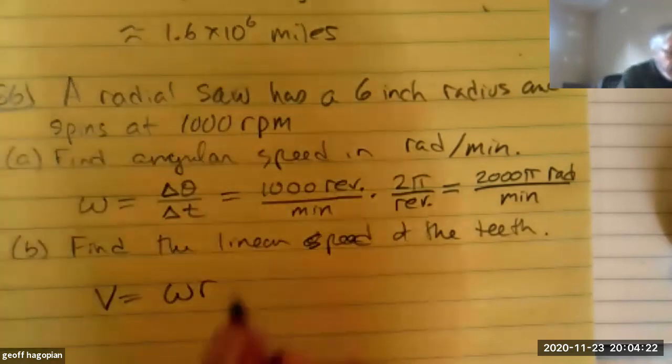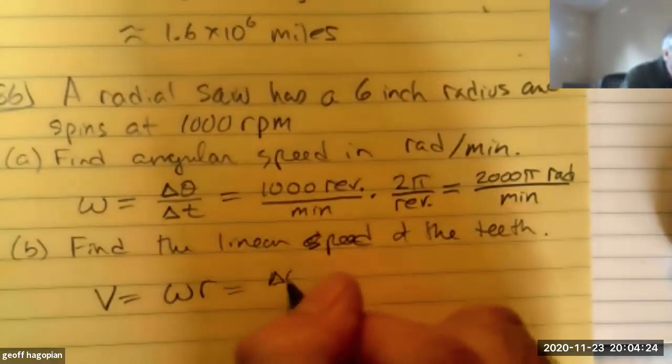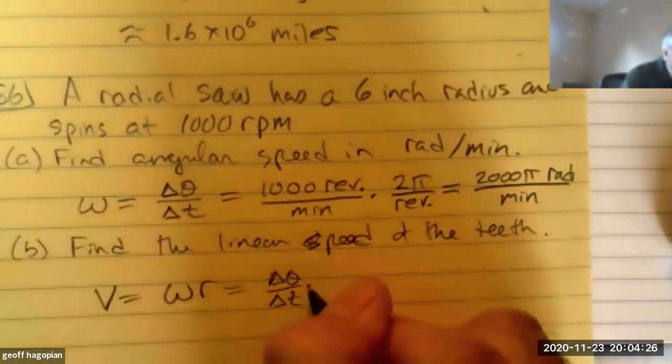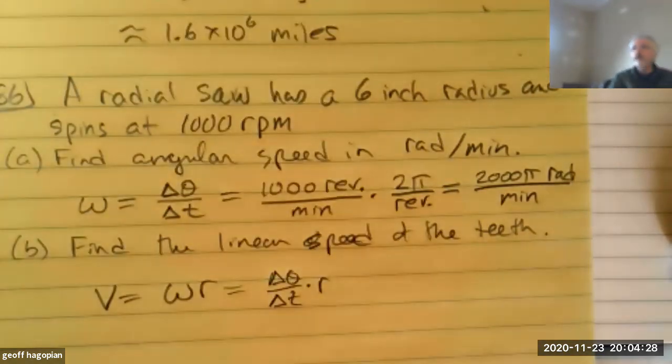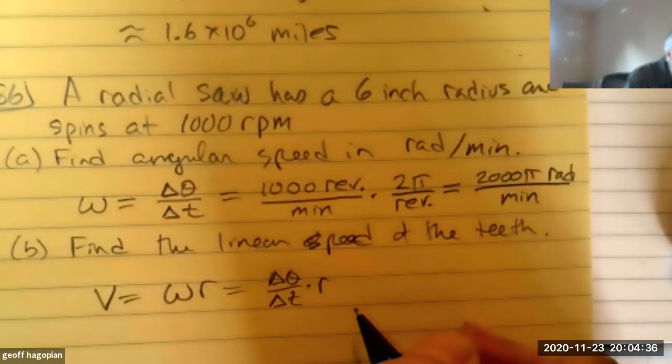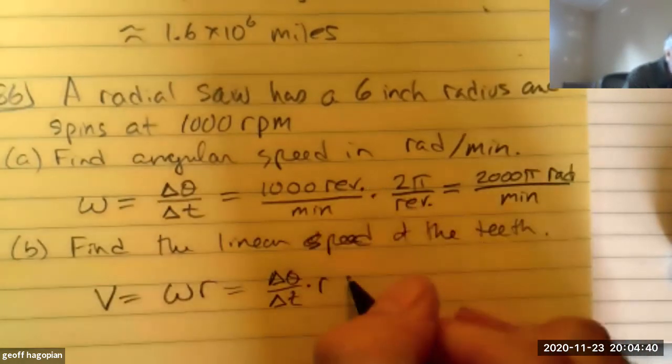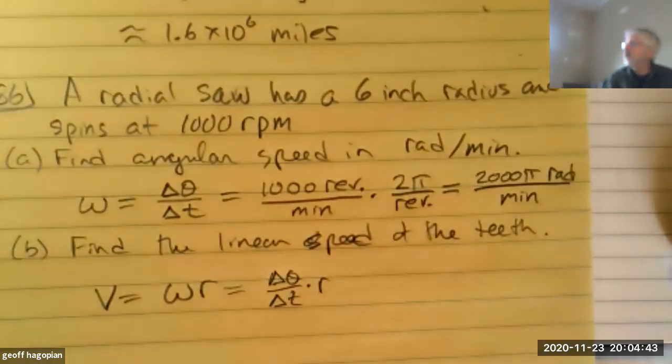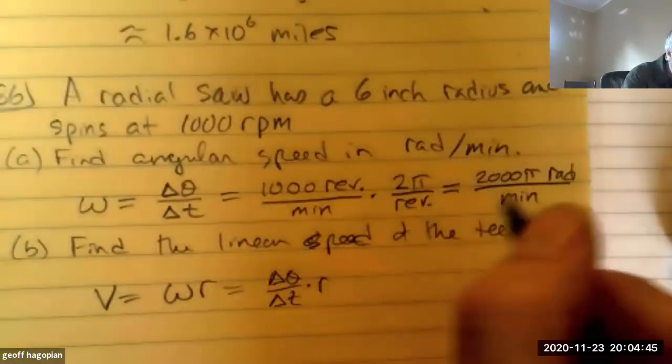Because that's delta theta per delta t times r, and r theta is arc length, right? So that's the distance traveled along the arc. And the radius is half a foot. So do they say what units they want this in? They want it in feet per second, right?